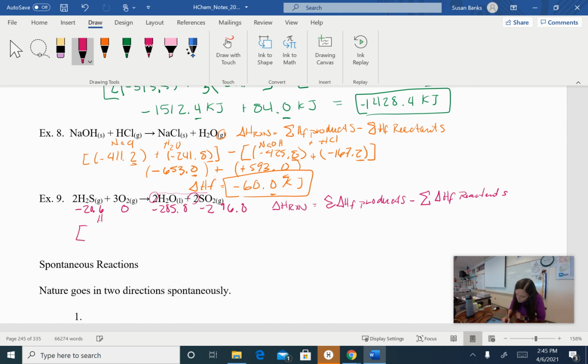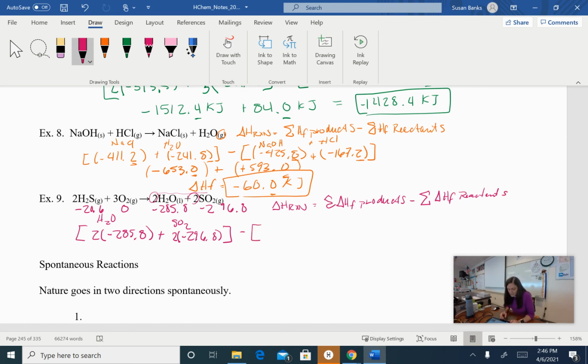So for my water, I have 2 of my negative 285.8. And for my sulfur dioxide, I have 2 times my negative 296.8. Okay, so there's the heat of my products. Now let's look at my reactants. So I'm going to subtract the sum of my reactants.